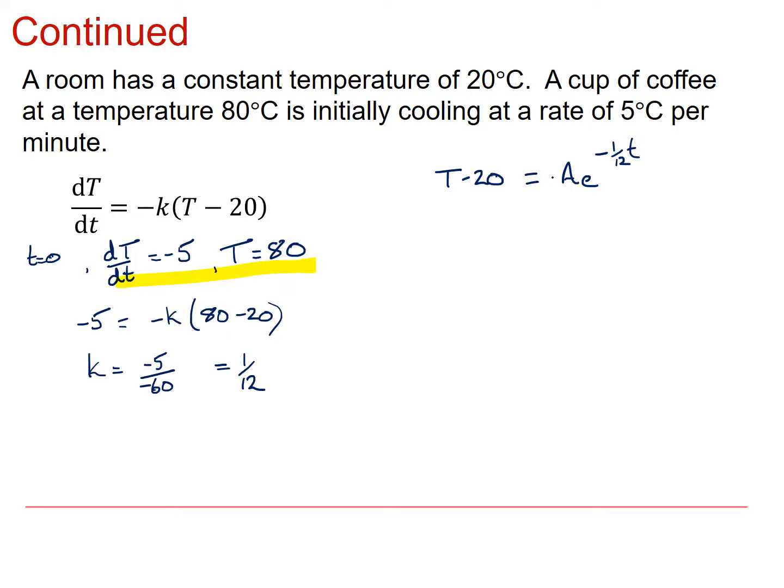I've got another constant in here that I want to try and sort out, and I know that when t is equal to 0, the initial temperature is 80. So again, I can plug those in. I'm going to get 80 minus 20 is equal to A e to the 0. Well, e to the 0 is just 1, so that's going to give me that A is equal to 60.